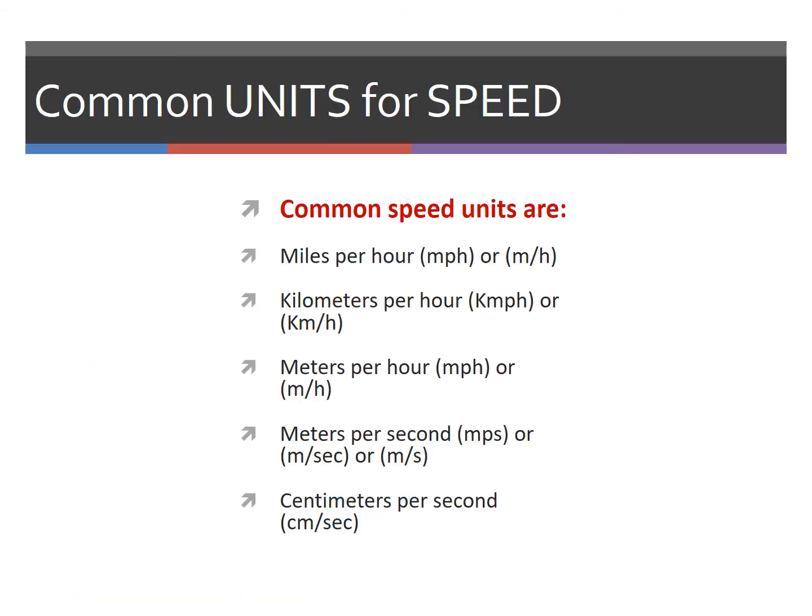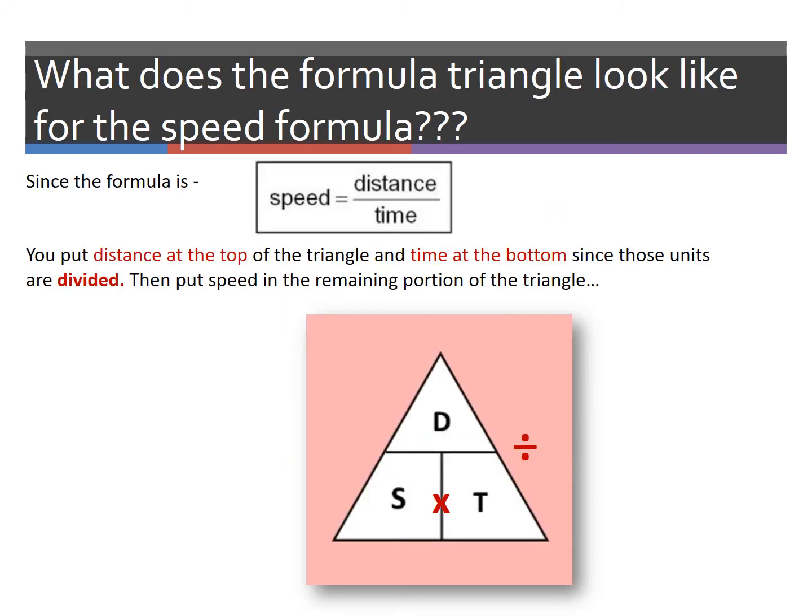For speed, remember, speed is distance divided by time, so you could see miles per hour, kilometers per hour, meters per second, centimeters per second. Whatever the distance is measured in, you divide it by the time unit, and that gives you the unit for speed.